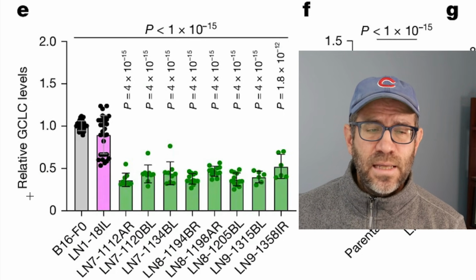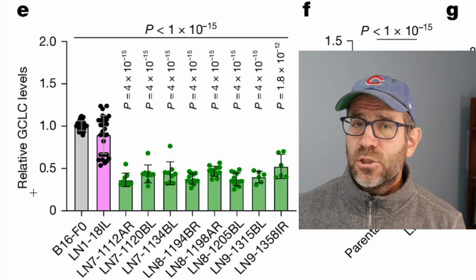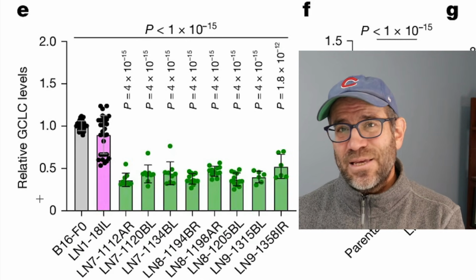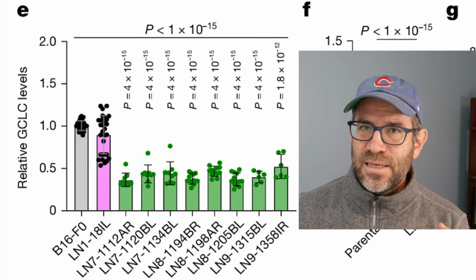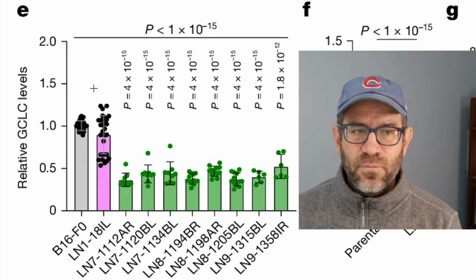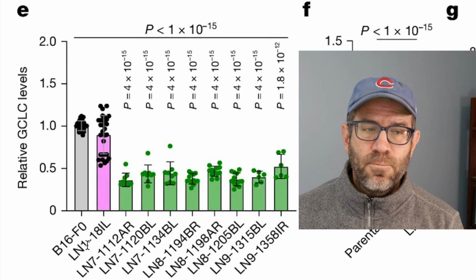On the y-axis then, we have the relative GCLC levels. And so this is a quantification of the amount of protein in those cells. It's not expression, whereas B and C was expression, E through L is amount of protein. And so on the y-axis, as I mentioned, we have the relative GCLC levels. These appear to be relative to the parental strain.